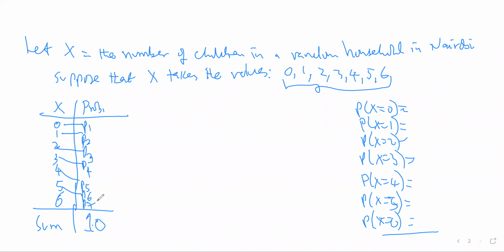We know that if you sum those probabilities, you should get 1. So this is an example of a theoretical probability distribution. Number one, the sum of the probabilities will be 1. And then this column here represents all the possible values of the random variable in question.